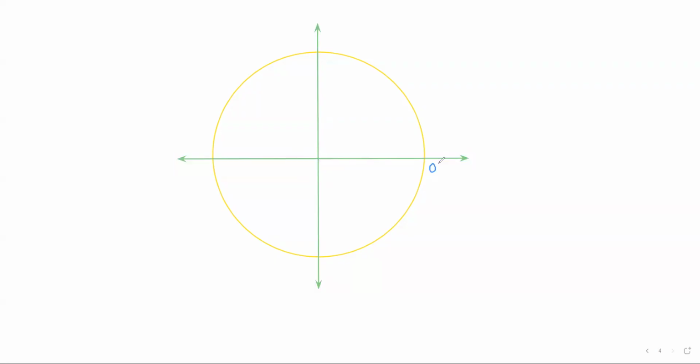This is 0 degrees, 90, 180, 270 and 360. ठीक है? For the first quadrant, please remember this. These are some more attributes, right? Before that, I will define trigonometric values. What are trigonometric values?